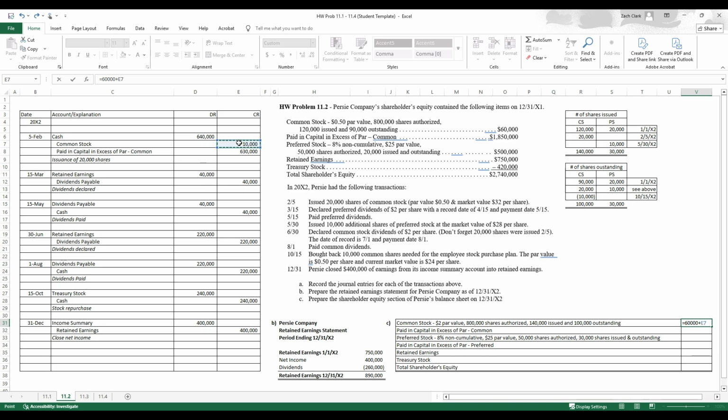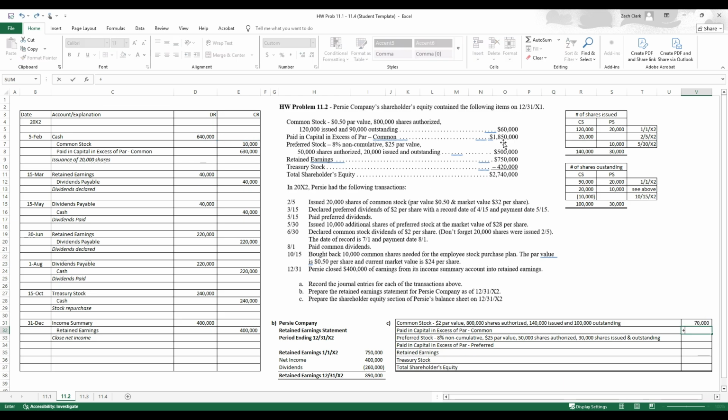Okay, we had an increase in the 10,000. So 70,000 now in our common stock total. You can see the credit here to increase. And then the 60,000 is our beginning plus the issuance to get a total of 70,000.